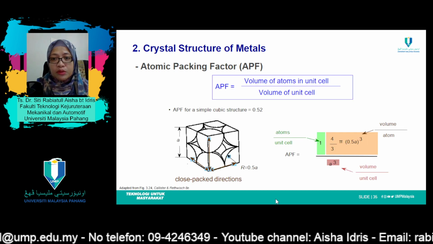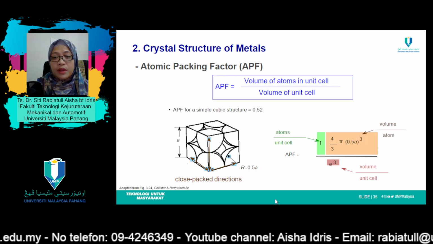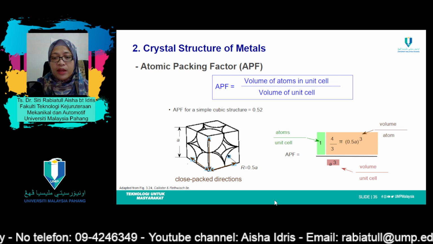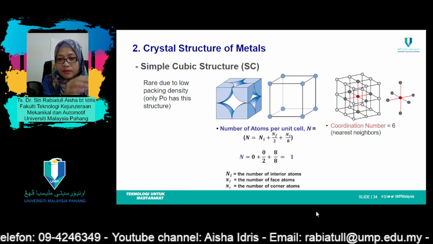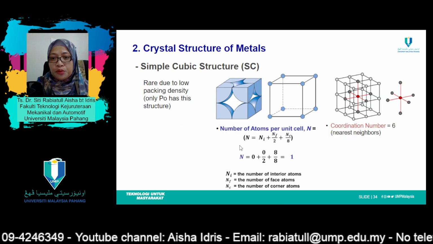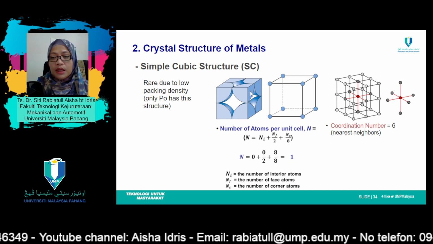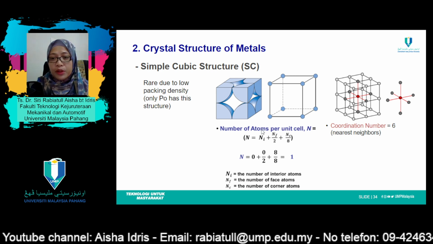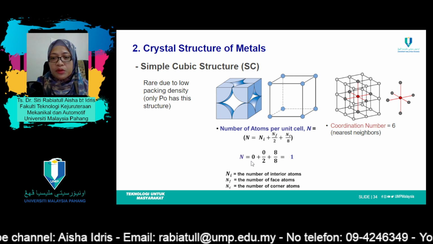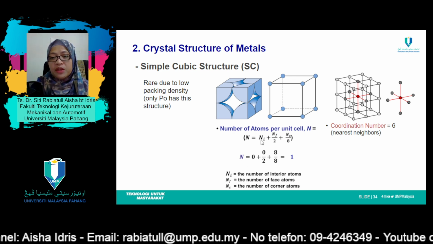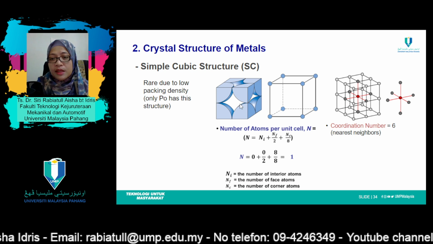Now let's look at how we calculate APF, the atomic packing factor. Before that, let's do this example to calculate the number of atoms for the simple cubic structure. So N equals, is there any interior atom for SC?